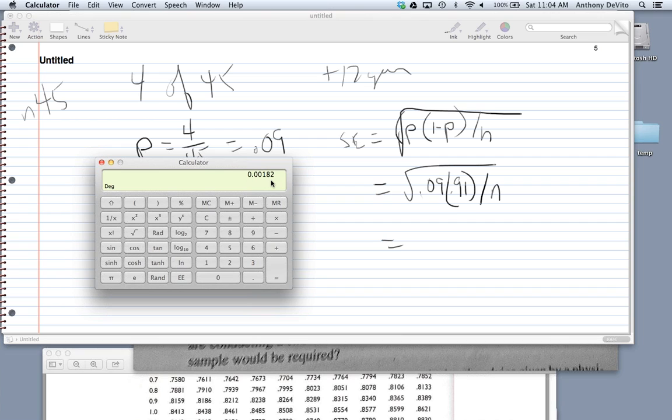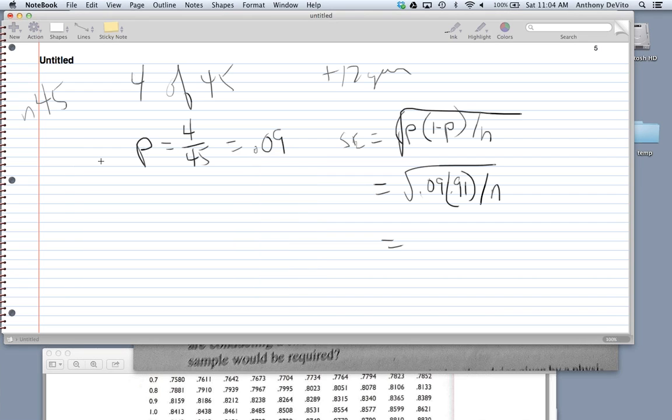Notice it's a small fraction, but when you're working with proportions, when I take the square root of that, it's actually a bigger number. Okay, it's going to be 0.042. Okay, I'm going to call that 0.04 to simplify our calculations. You keep that extra digit though. It's equal to 0.04. That's my standard error.